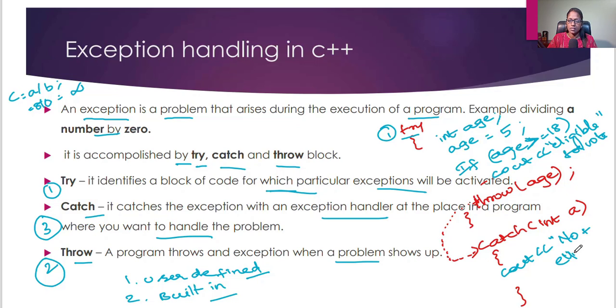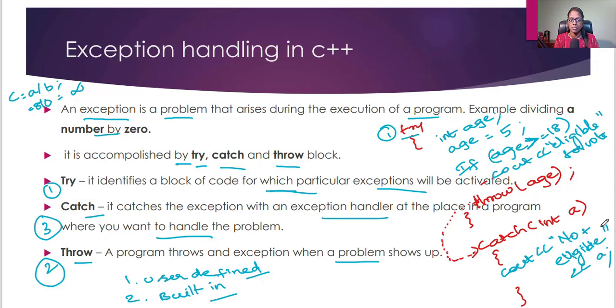Rather than the system hanging, I just inform that this age is not eligible for voting. If you give a, the a value is also printed. So this is a simple program showing how to handle exceptions in C++.